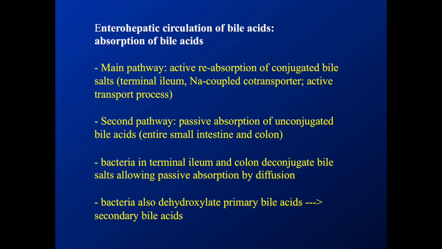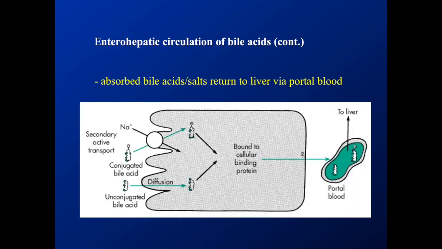Bacteria also dehydroxylate primary bile acids to create secondary bile acids, as mentioned previously. And so this is the facilitated transport of conjugated bile salts into the hepatic portal circulation.